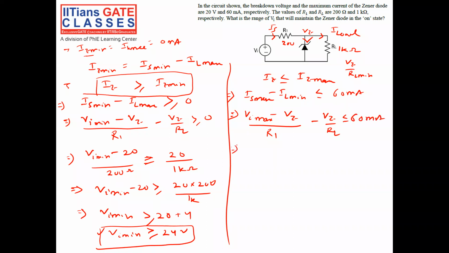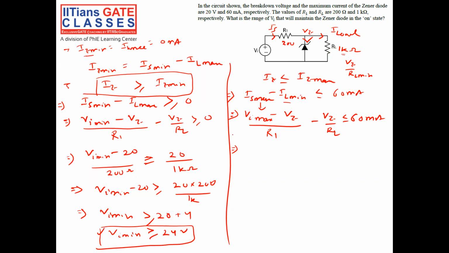Again, to get I source maximum current, the input voltage should be maximum and R1 should be minimum. But in the question, R1 is already fixed, so I will take R1 as it is. Similarly, to get the minimum load current Vz by RL, the RL should be maximum. But since the load is already fixed at 1 kilo, I will take 1 kilo.